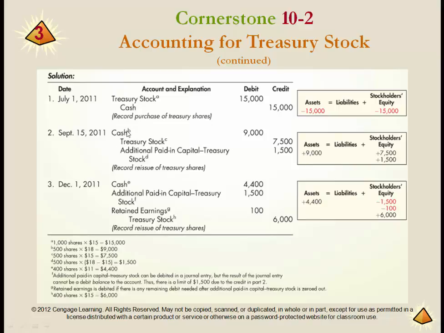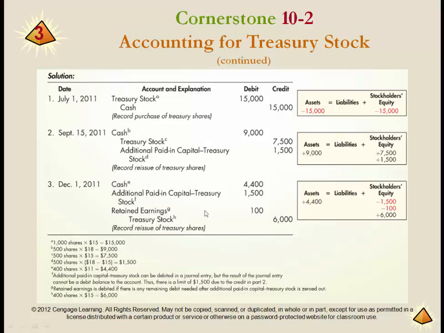They sold 500 shares at $18 a share. Remember, they paid 15. So it's $9,000 here. They're taking this out at the $15 per share times 500 shares, and the calculations are in the lower left. And the difference is an additional paid in capital treasury stock.